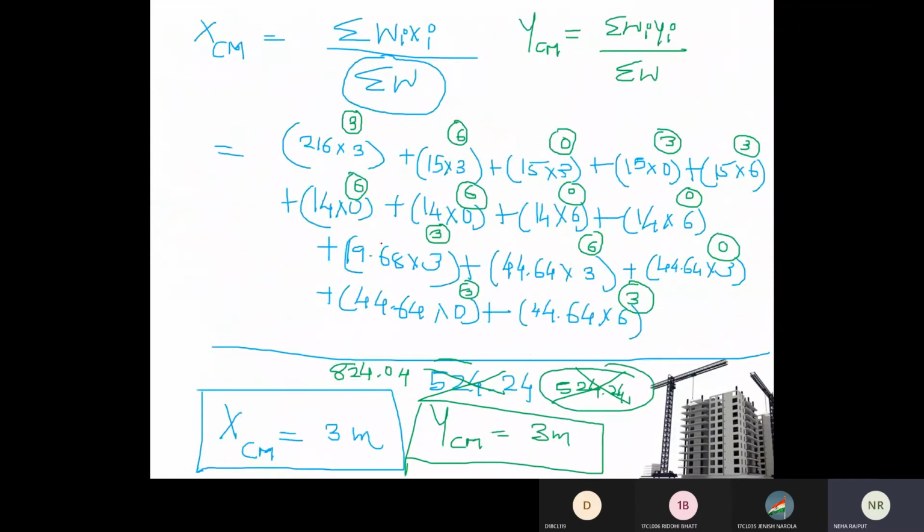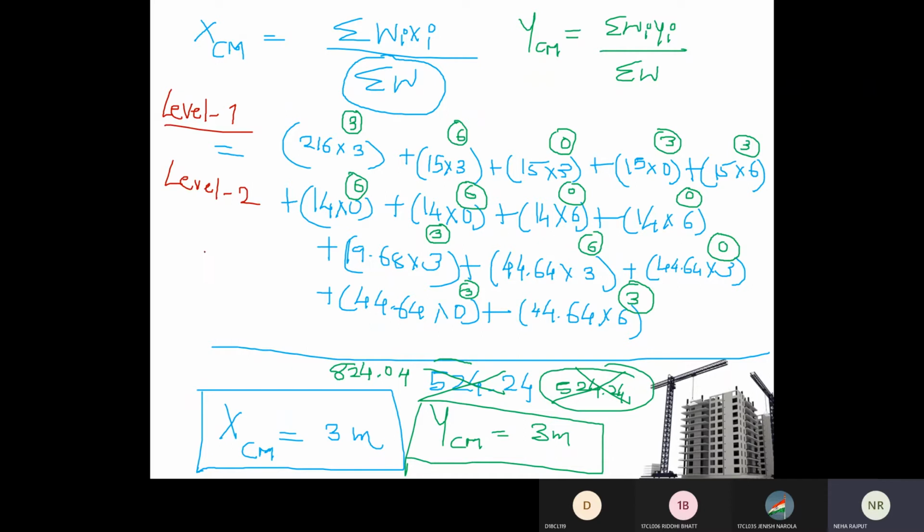Now remember one thing, you have found out the center of mass point over here, 3 meter and 3 meter for level 1. Same way you need to find out center of mass for level 2 also. That also we have done in the Excel sheet.